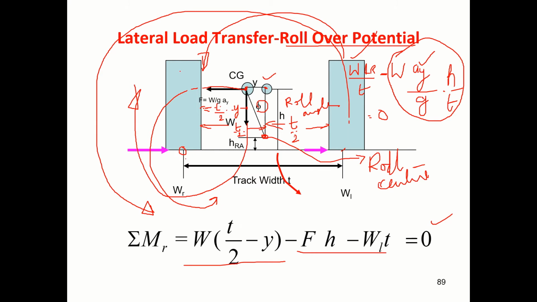All that load gets transferred to this point. Then the vehicle will roll over. Correct? This acceleration is again v squared by r. If I keep on decreasing the turning radius, keep on increasing the vehicle velocity, this can happen.